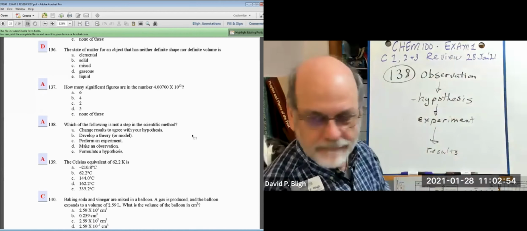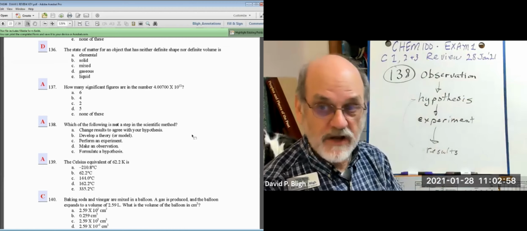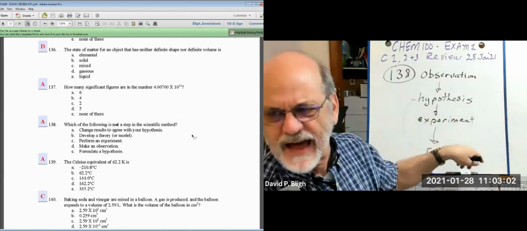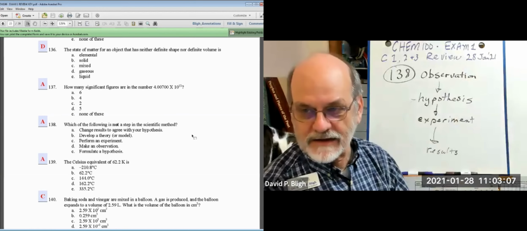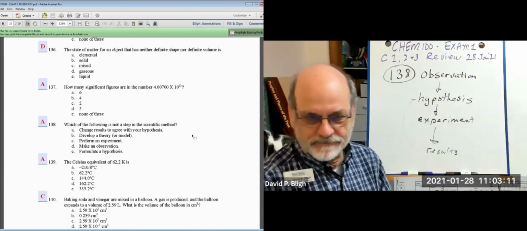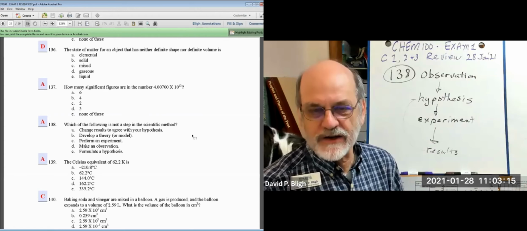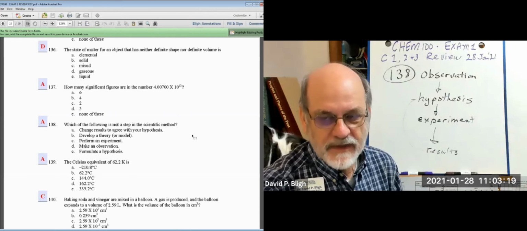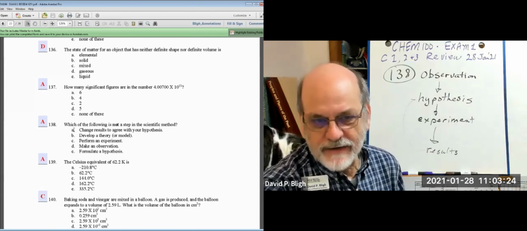You can look at that, and if the statistical analysis does not support your hypothesis, what you may do is go in and say, that's an outlier. Throw that one out. Throw that one out. Throw that one out. Now reanalyze it. Okay, now it agrees with my hypothesis. So the temptation to falsify your data is very strong, and something that we have to guard against as scientists. But A is definitely wrong.